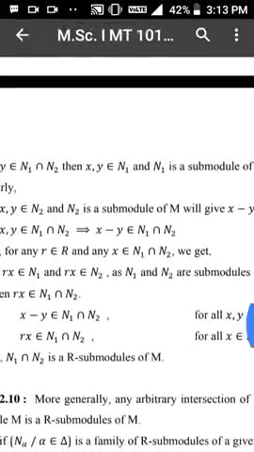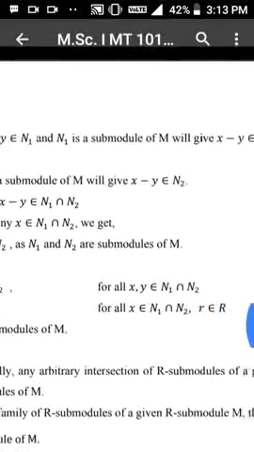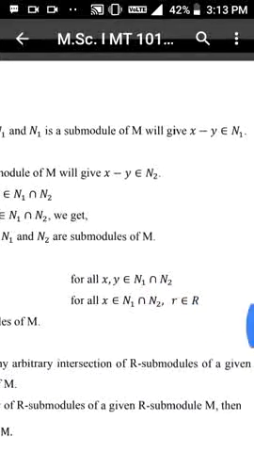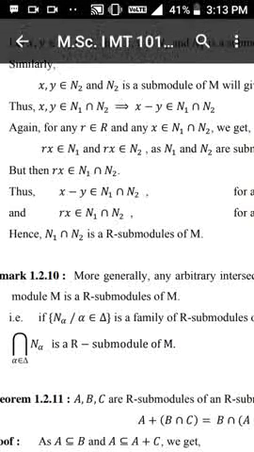Then x, y belong to N1, and N1 is a submodule of M, which will give x minus y belongs to N1. Thus x, y belong to N1 intersection N2, so x minus y belongs to N1 intersection N2.